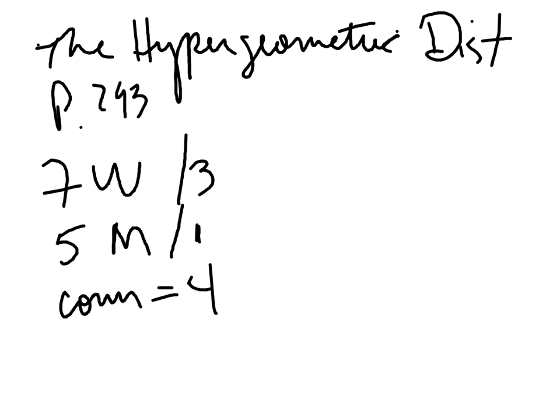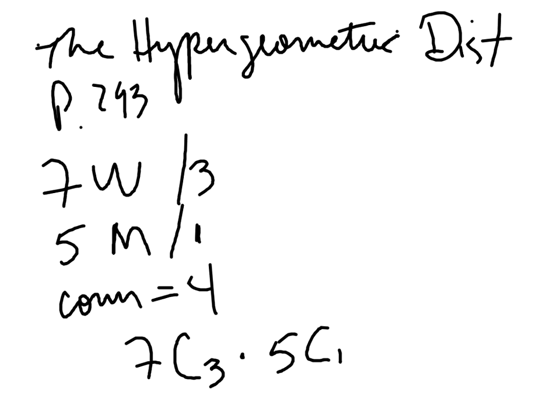There are a lot of ways you can organize this in a table, but for the total number of ways to make the committee, this is like the fundamental counting principle, K1 times K2. Here would be the number of ways, 7 combination 3, to choose 3 women from 7, and this gets multiplied times 5 combination 1 for the men.